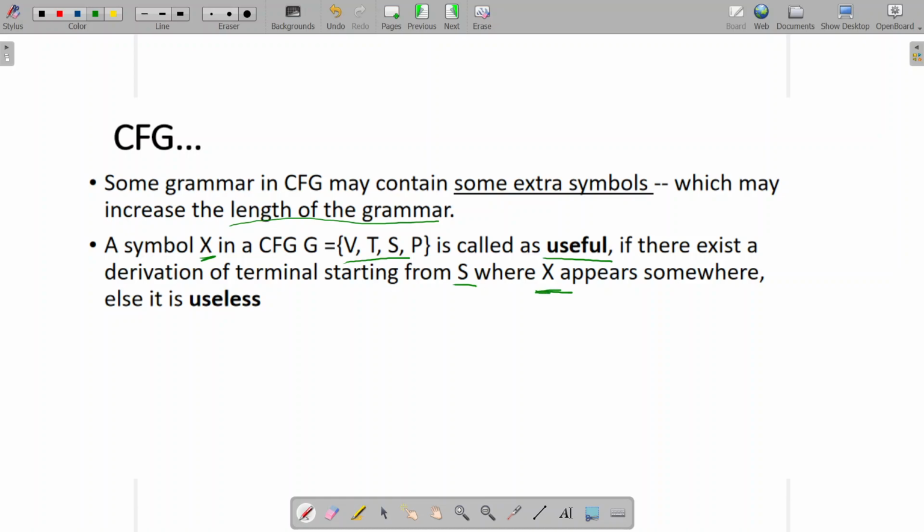If X appears somewhere in the middle, then such a symbol is said to be a useful symbol. Otherwise, it is called useless.